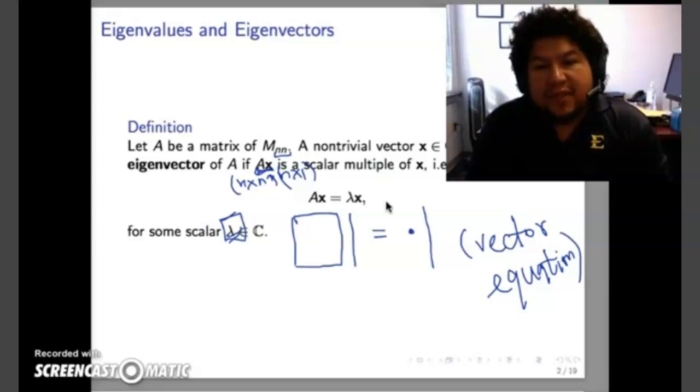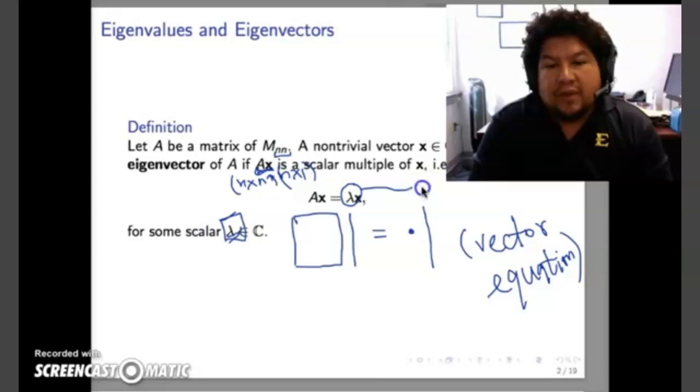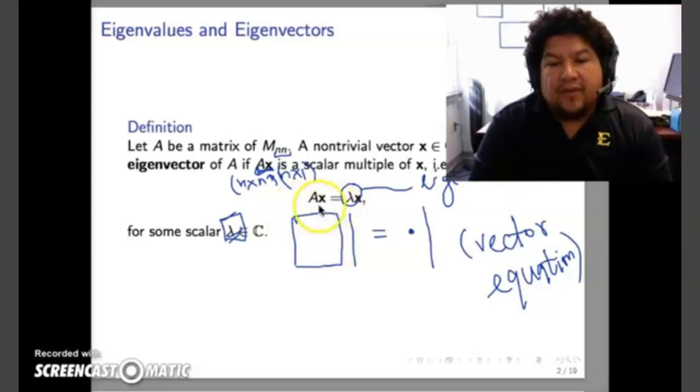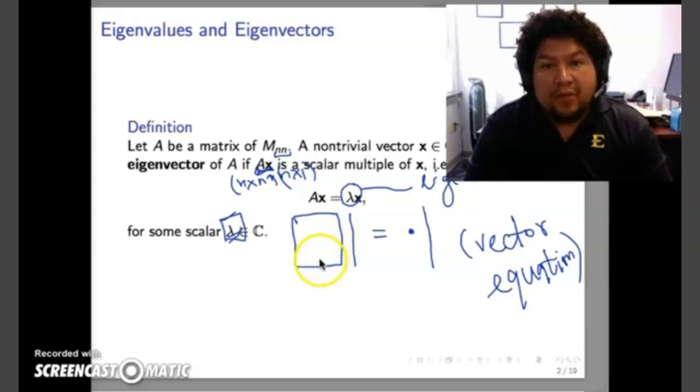This says for some scalar. Well, that such scalar is what we would call an eigenvalue. And the non-trivial vector for which this vector equation is true is going to be dubbed eigenvector.